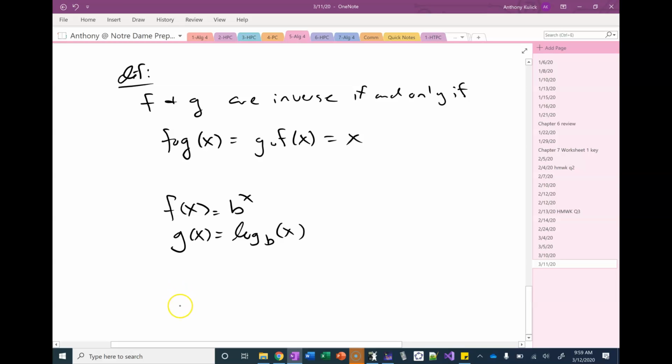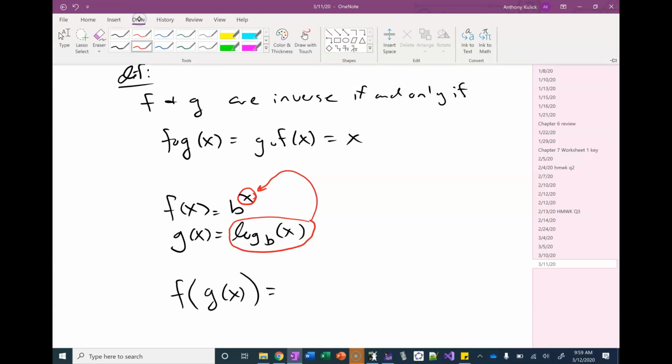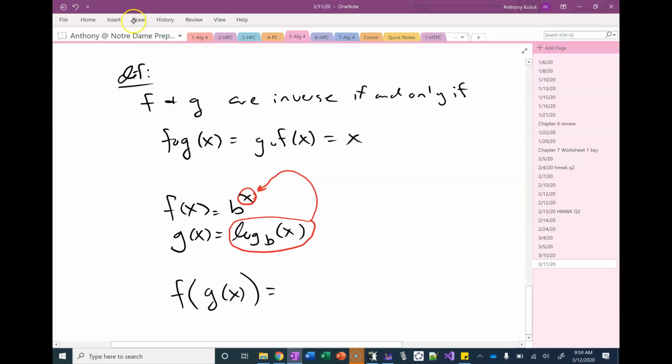What this is saying then is that f of g of x, when we write a composition like this, what that's saying is I'm going to take my value for g and I'm going to plug it into my x. So that's saying we have b to the log base b of x.